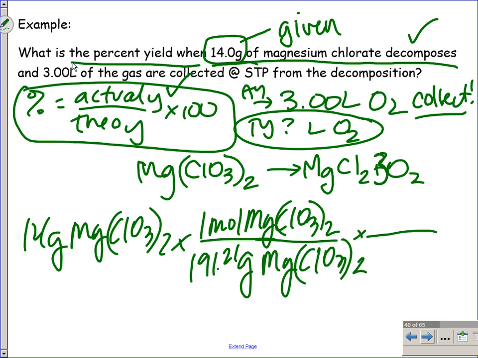Sounds great. I'm doing this last step and then I'll back up. Moles of magnesium chlorate need to cancel. Remember, I'm looking for liters of oxygen. So what's my mole ratio? 3 to 1, and then you go to liters.